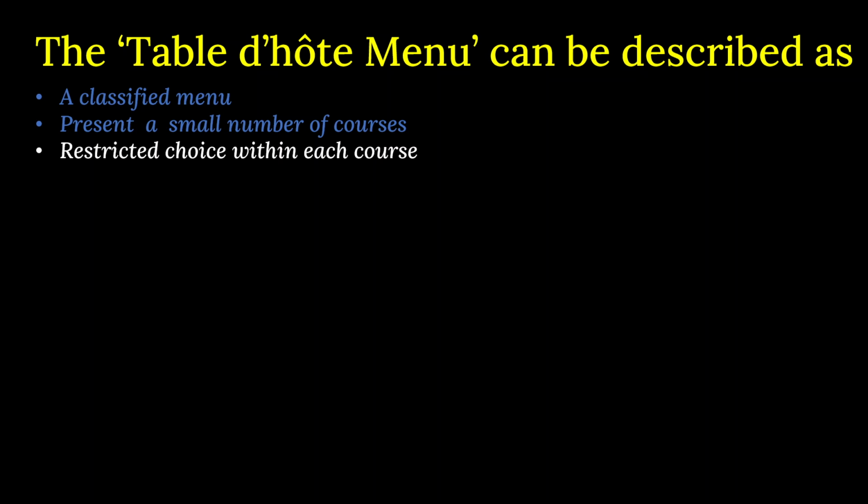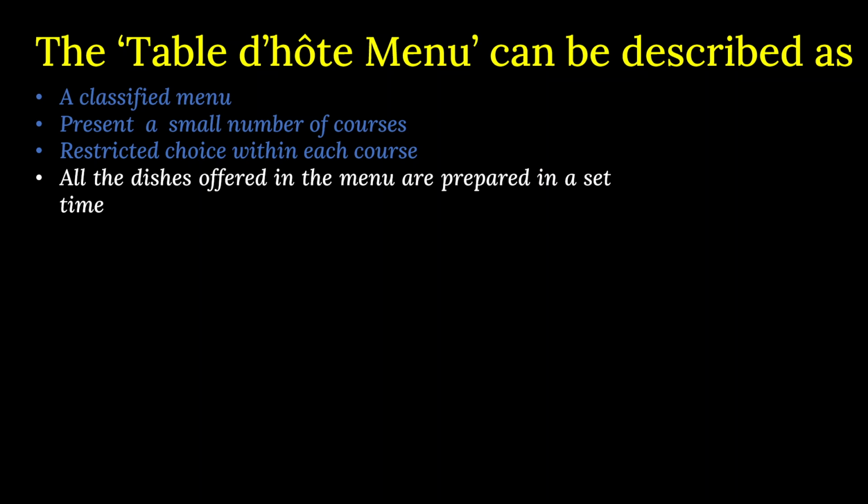Maybe you have a choice of either ice cream, or you can go for some other cold desserts or some pudding. That is totally depending on how the restaurant owners or the managers are planning. So restricted choice within each course. All the dishes offered in the menu are prepared in a set time. It has to be ready beforehand because you are offering a set menu.